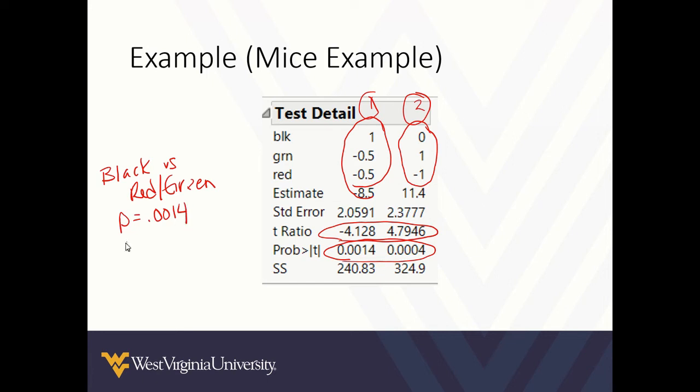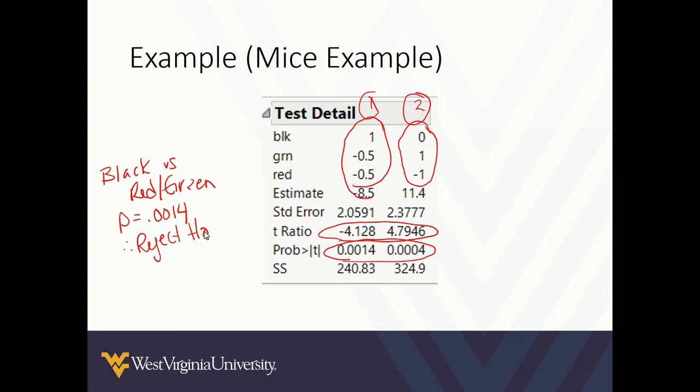That tells us that we could reject our null hypothesis and conclude that there is a significant difference between the times for the black door versus the red and green door. At this stage, we don't know which is better, but we do know there is a difference.